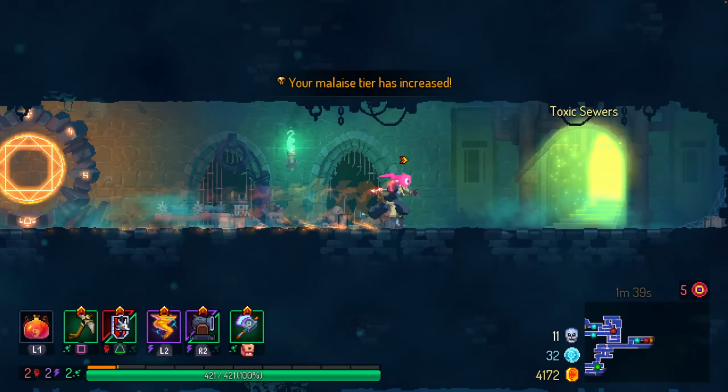Now remember, I play this game to relax. There we go. Never use a health potion before the first boss.